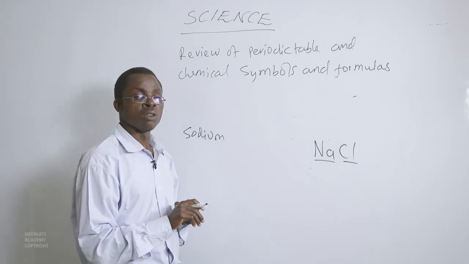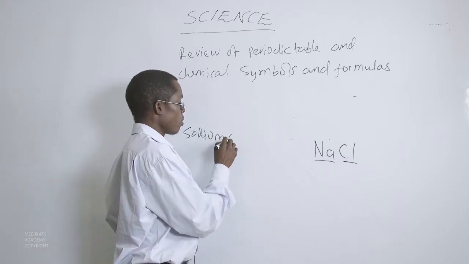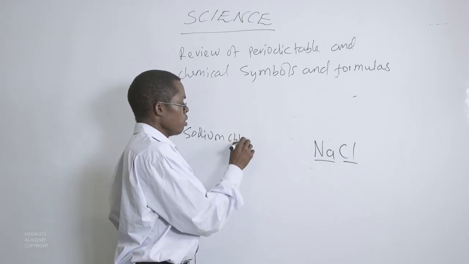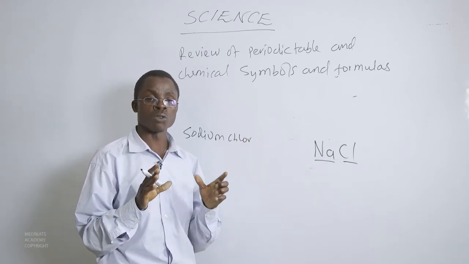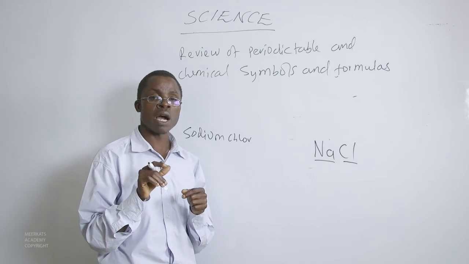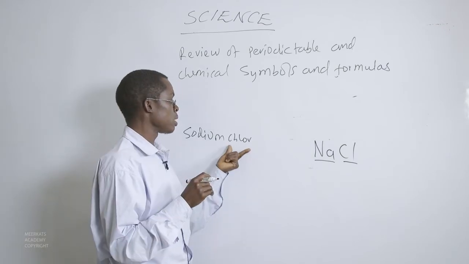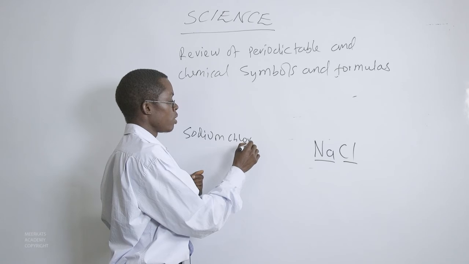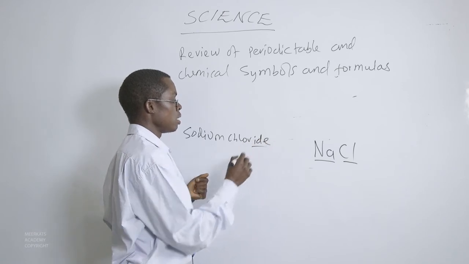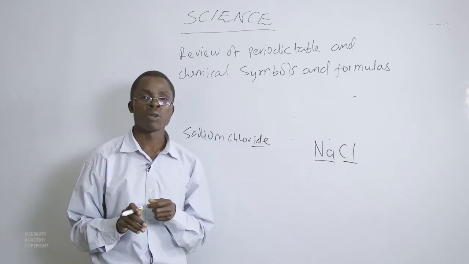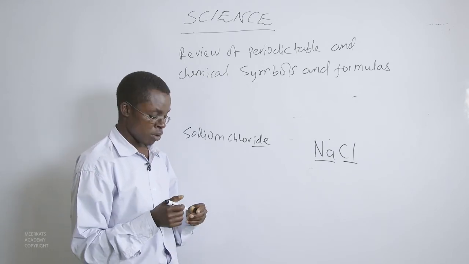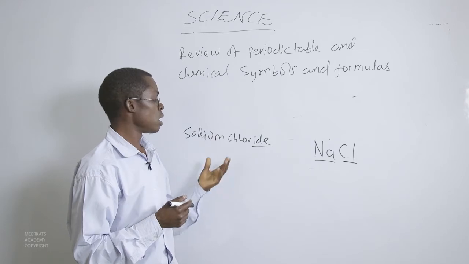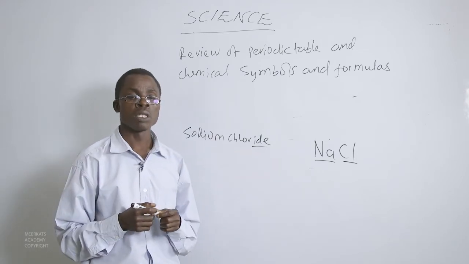For the second element, you take part of it, chlor. I remember saying that you have to be very careful on which part to choose, because it has to give a realistic name. So we take chlor so that we can fill in with IDE, giving us sodium chloride.